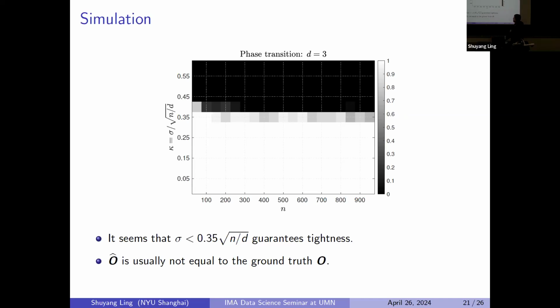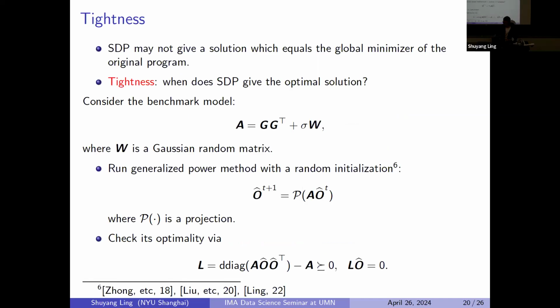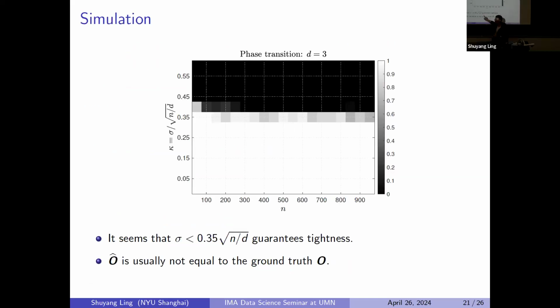So where does this bound come from? I think essentially by comparing the strength of the signal part, the operator norm, which should be greater than sigma times the norm of the noise matrix. That's why you get sigma of this order. That's the intuition. Essentially, if the noise is small, you have tightness.